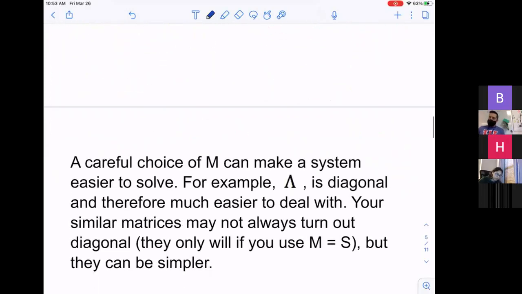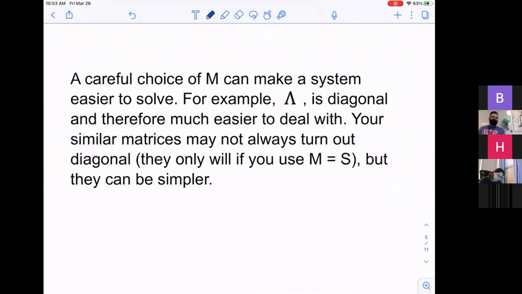Okay, a careful choice of M could make different things easier to deal with. And again, we'll kind of see some of this later, soon, when we're talking about changing a basis or transformations, and similar matrices can help in some of those situations. We've already seen, again, the diagonalization.